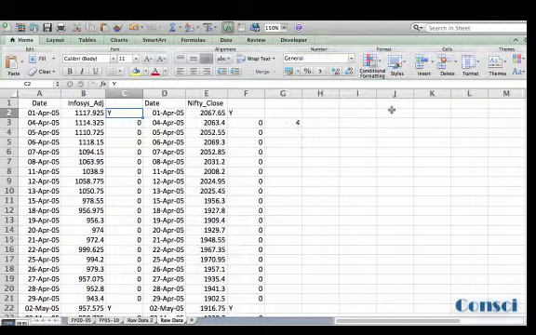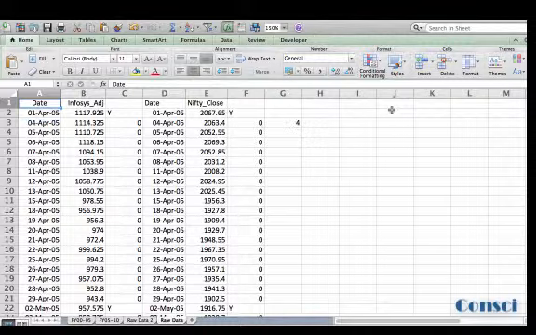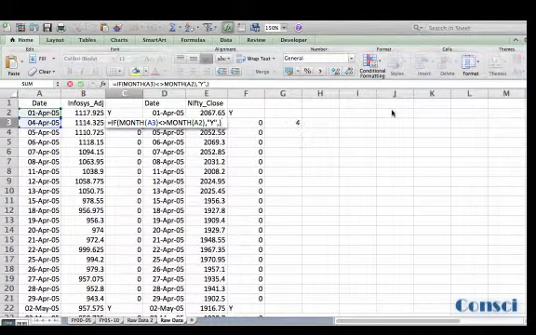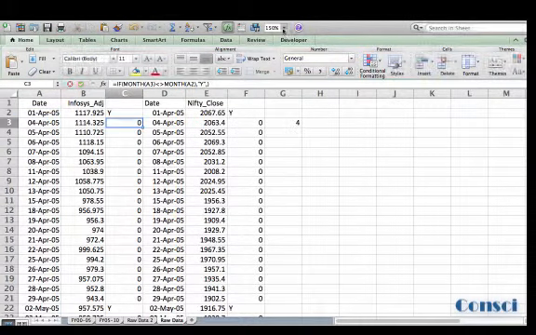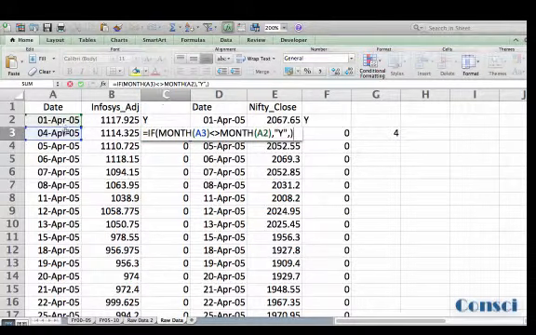Over here we have got Infosys adjusted stock price and Nifty closing prices from 1st of April to 31st of March. Now we have used an if function in a manner which says, let me zoom it further, the month of the recent date.